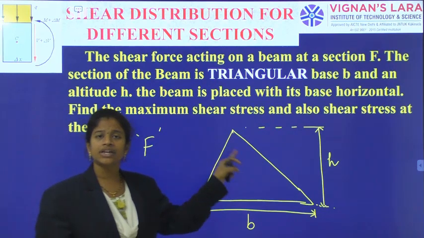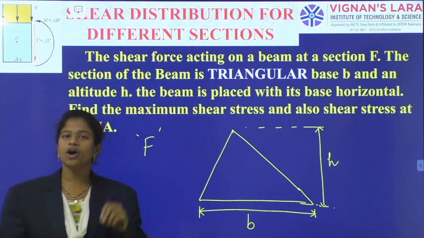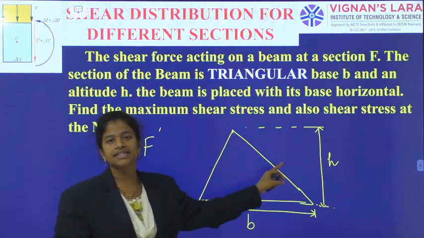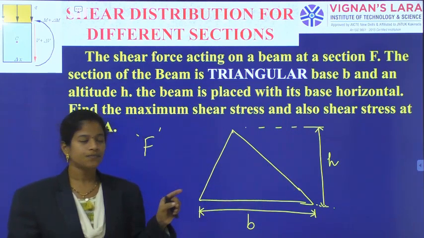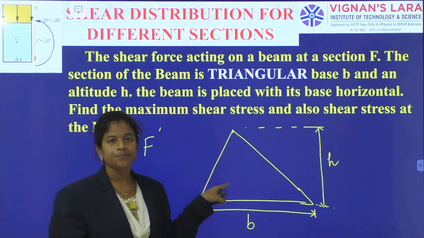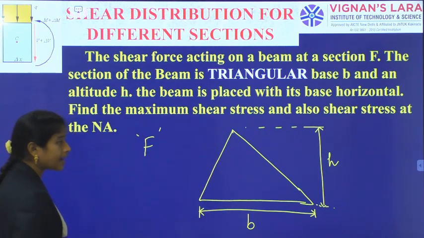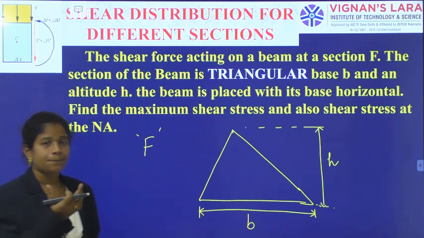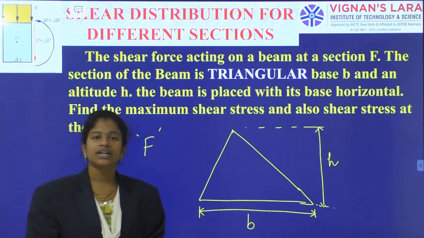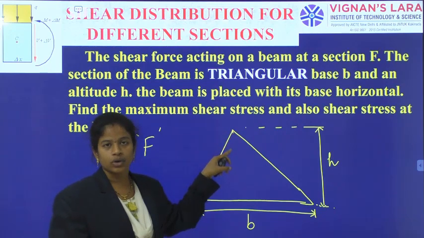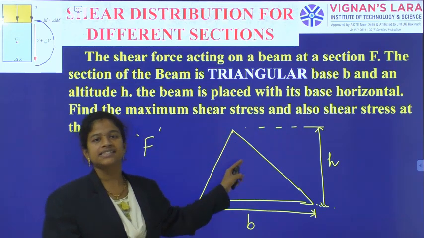And for the neutral axis location, what is the common point you can remember? The neutral axis is located at the centroidal axis of the section. Okay, so for this section there is a centroid, and through the centroid only the neutral axis will pass. And for a triangle with base B and height H, what is the location of the centroid? From the top it is at 2h by 3, from the base it is at h by 3.